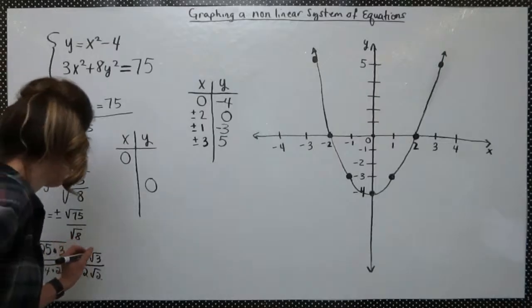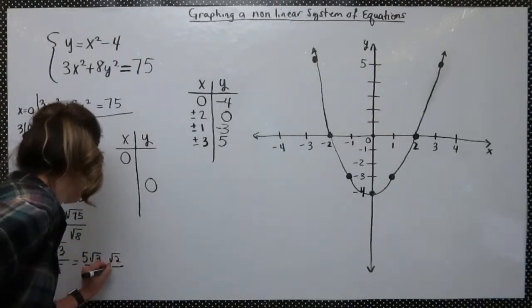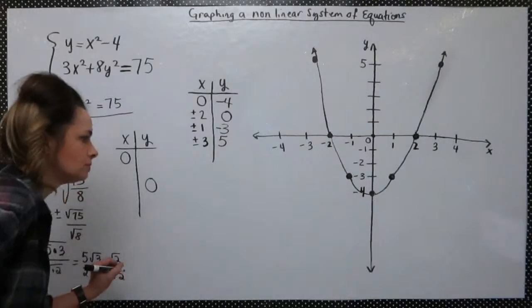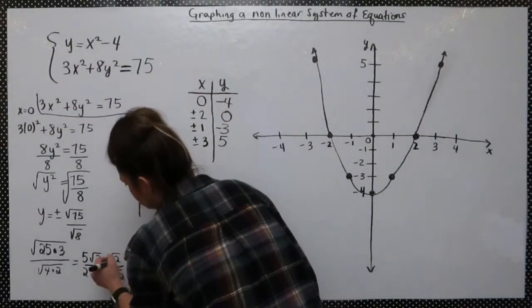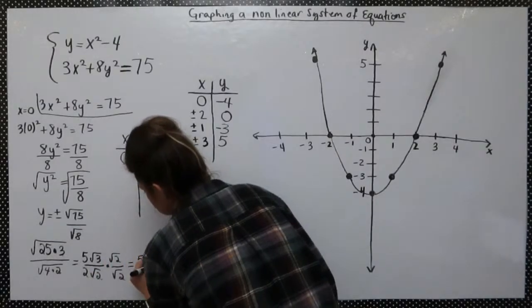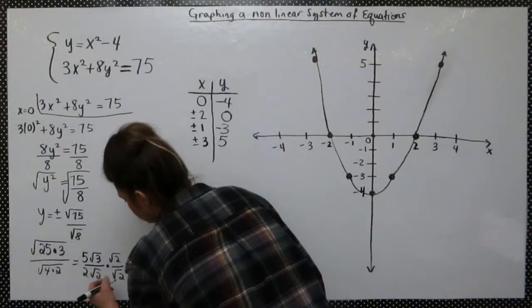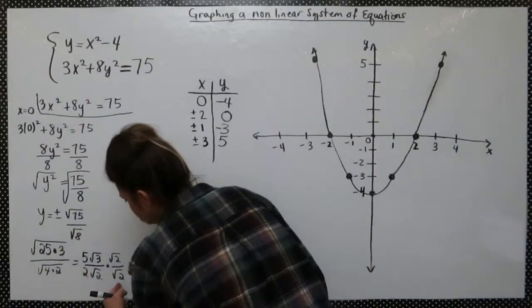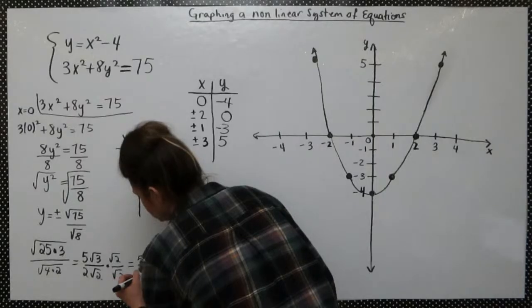And then at this point, what you could do is rationalize. So you've got radical 2 over radical 2. And that is going to equal 5 radical 3 times 2, which is 6, over 2 times radical 2 times radical 2, which is 2 times 2, which is 4.